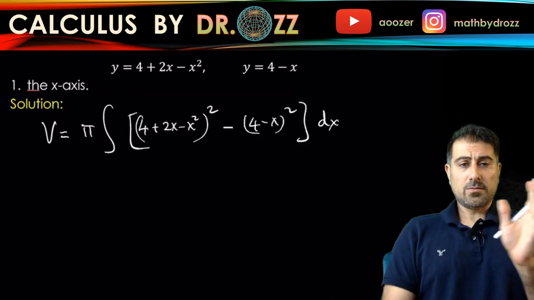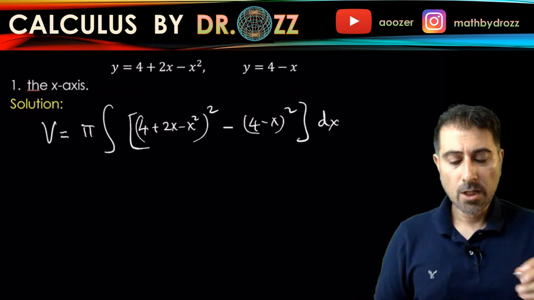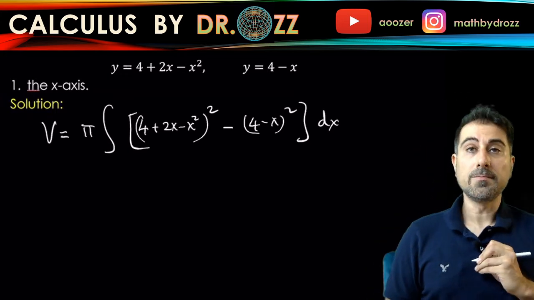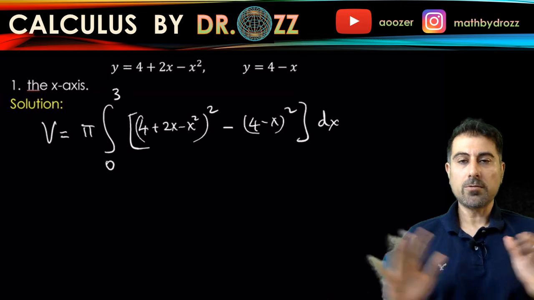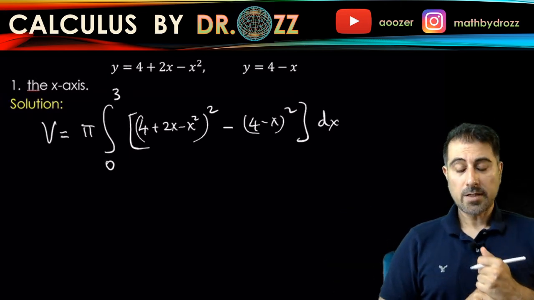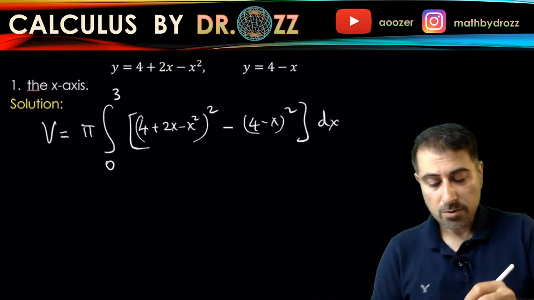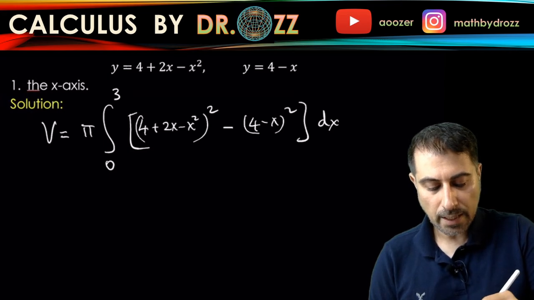So to find the volume of the whole three-dimensional object I showed you in the picture, we need to change x from 0 to 3. Okay? And from this moment on, it's all about the definite integral calculation. You have to expand everything out and use the power rule for integration. I do not want to go into details of that, but I'm going to tell you what I got from my end.